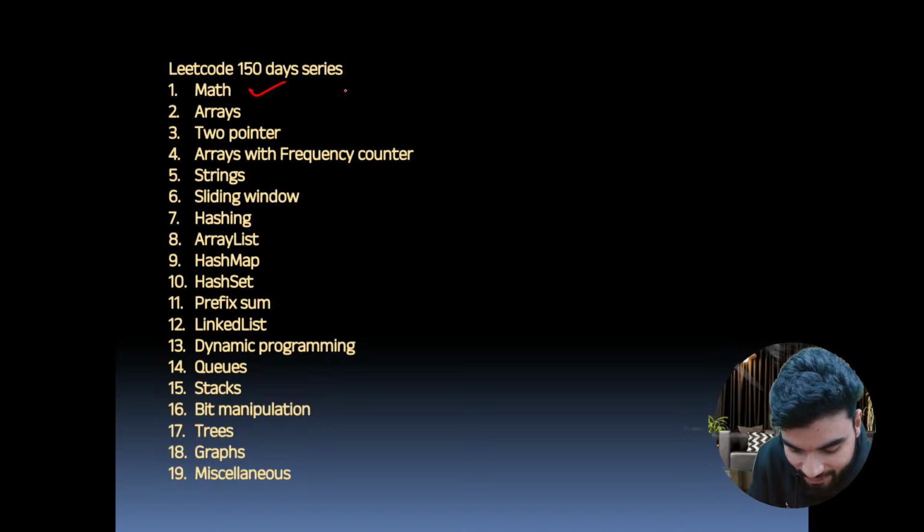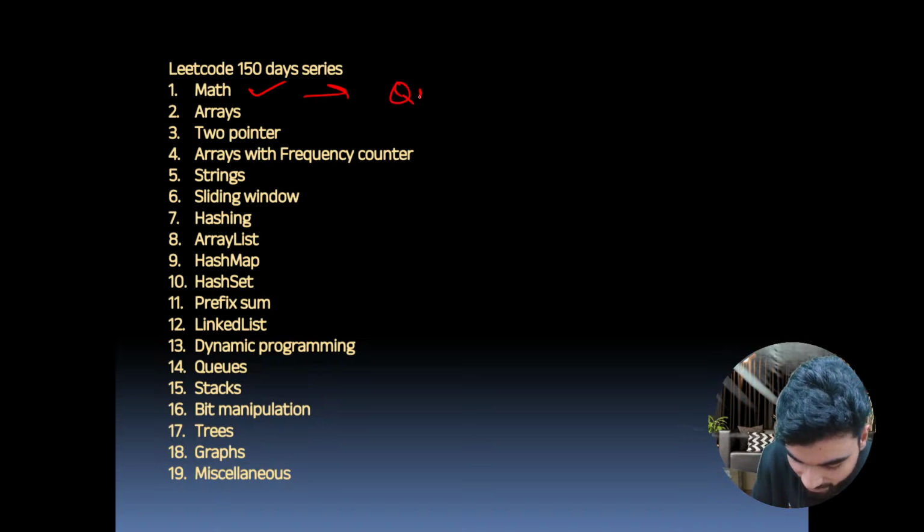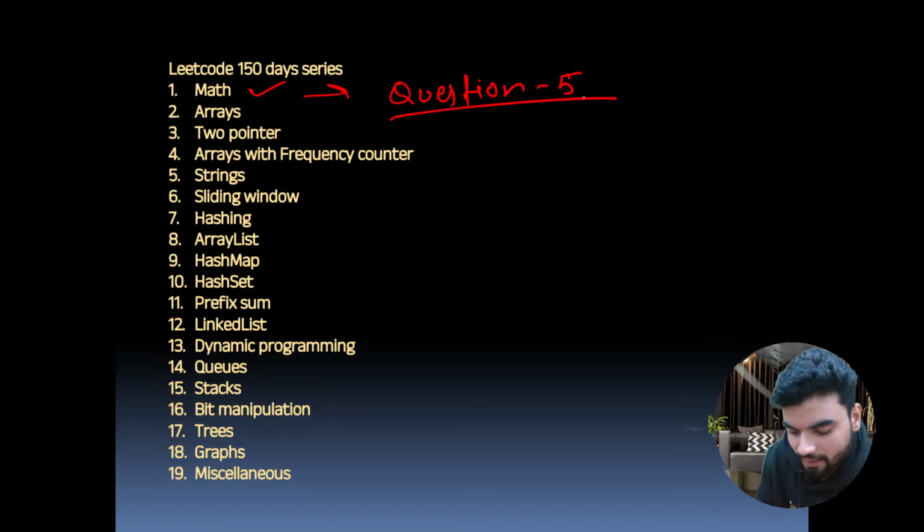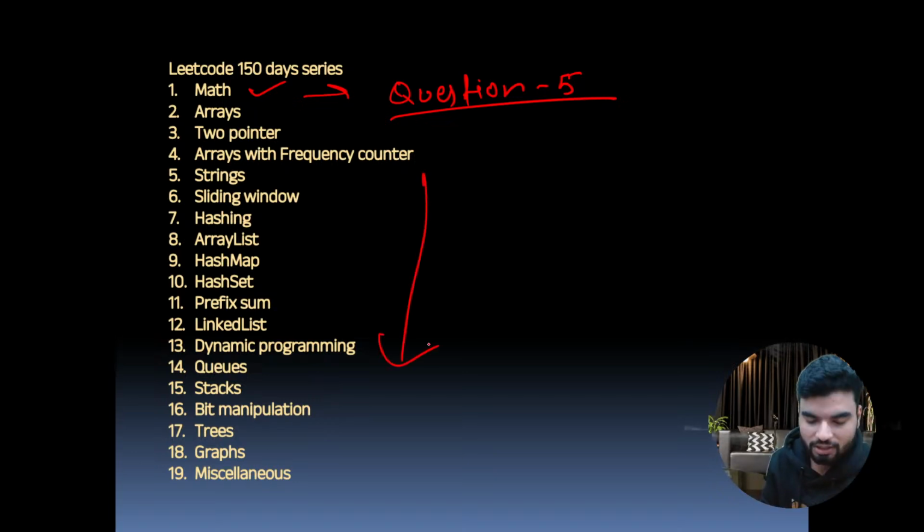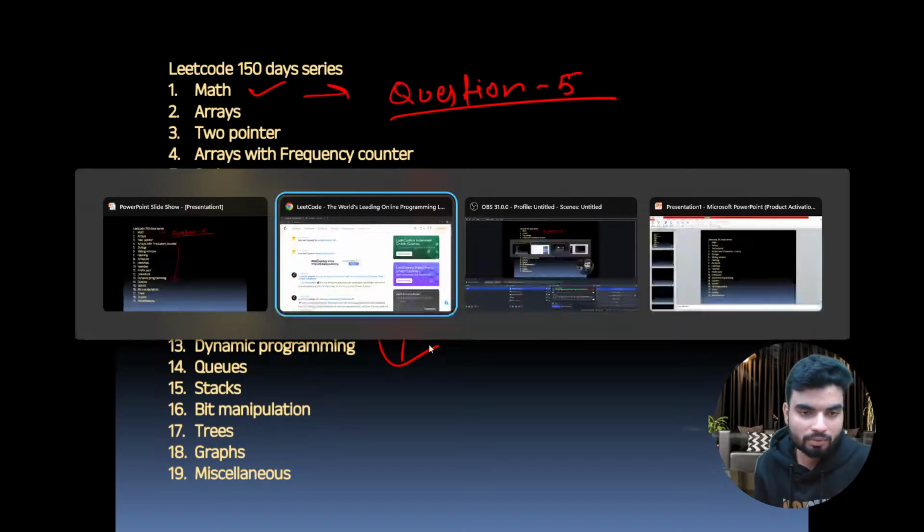Today I'll cover question number 5; 4 questions have already been done. Then after math, we'll start arrays and a lot of other things which you can see in this list as well. Now let's go to LeetCode and understand the problem statement.